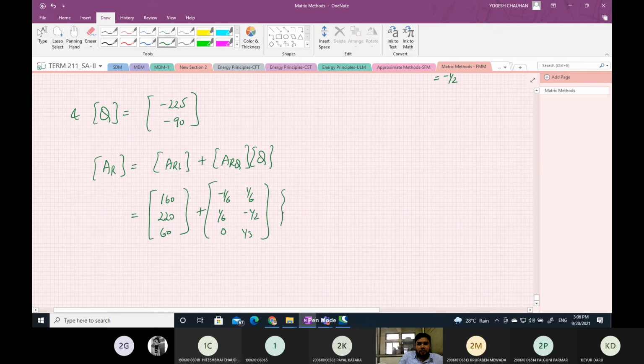Okay, multiply it with Q matrix, that is minus 225 and minus 90. Now this is 3 cross 1, this is 3 cross 2, this is 2 cross 1.